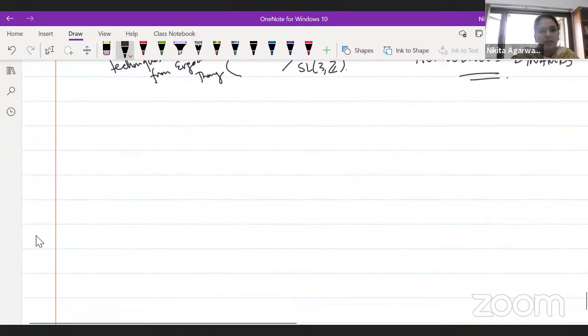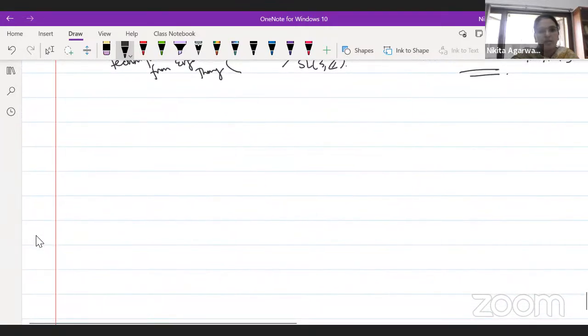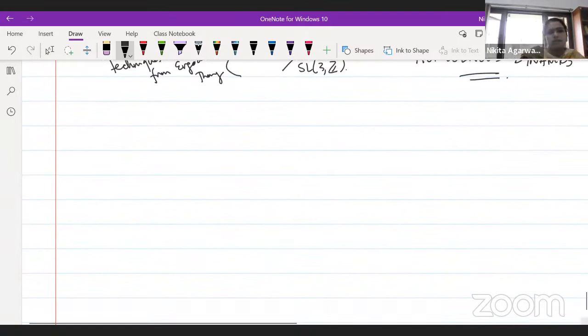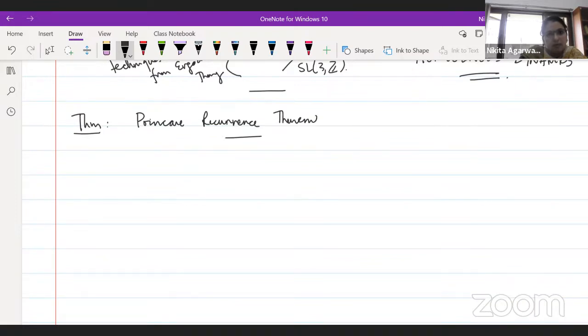And let us make things more precise in some sense. This is called the Poincare recurrence theorem.